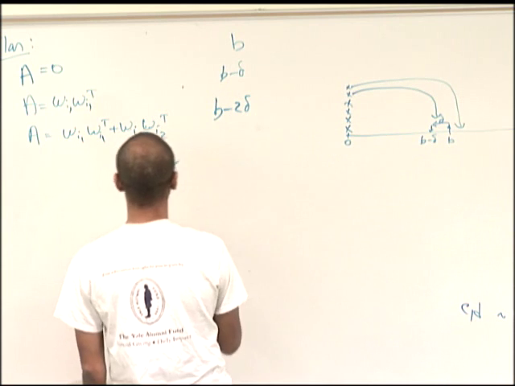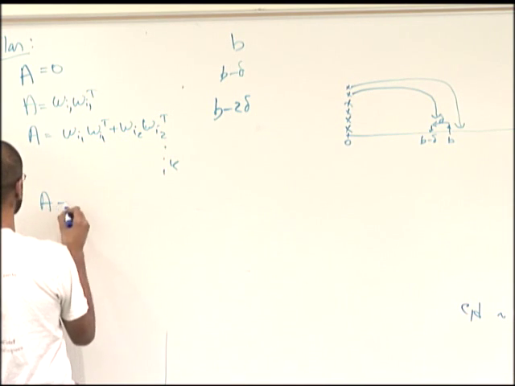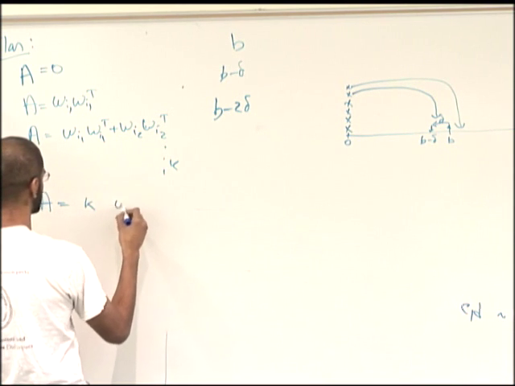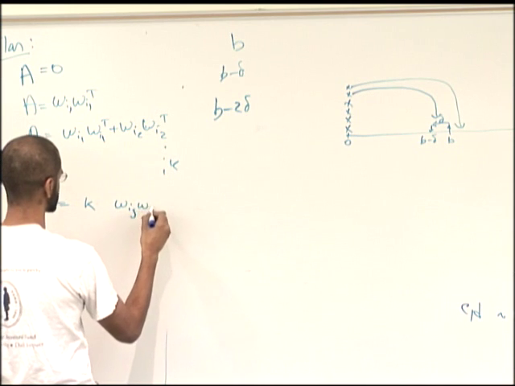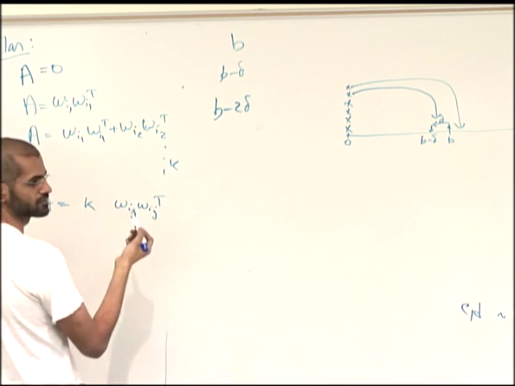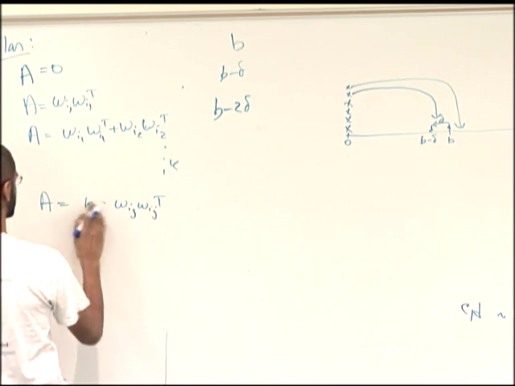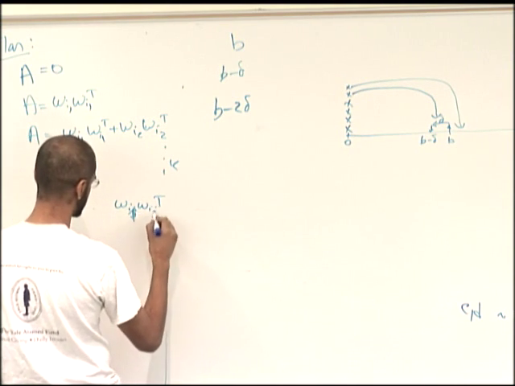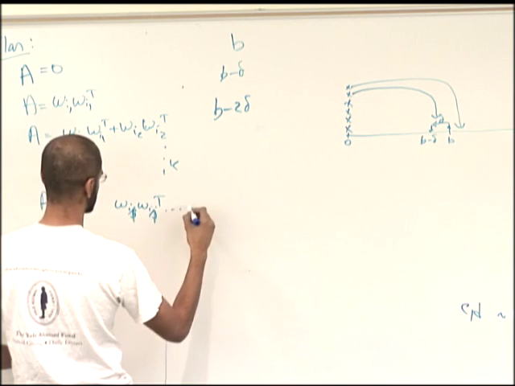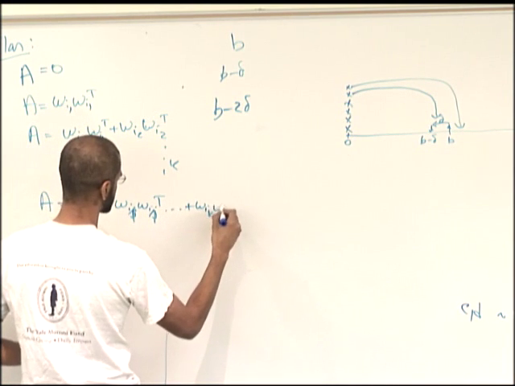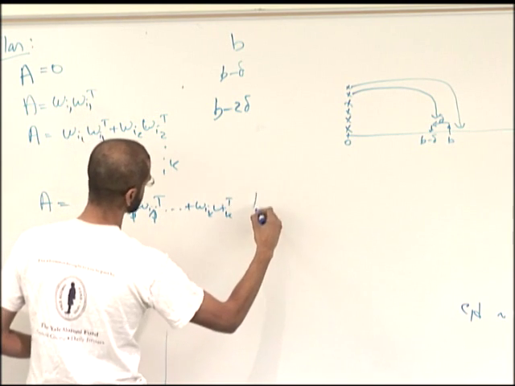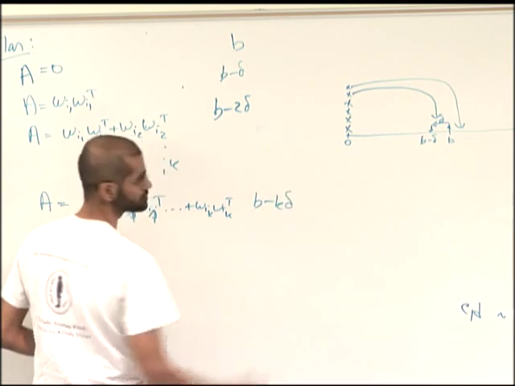After k steps, A is the sum of k of these outer products, Wi1 all the way to Wik, and the barrier is at b minus k delta.